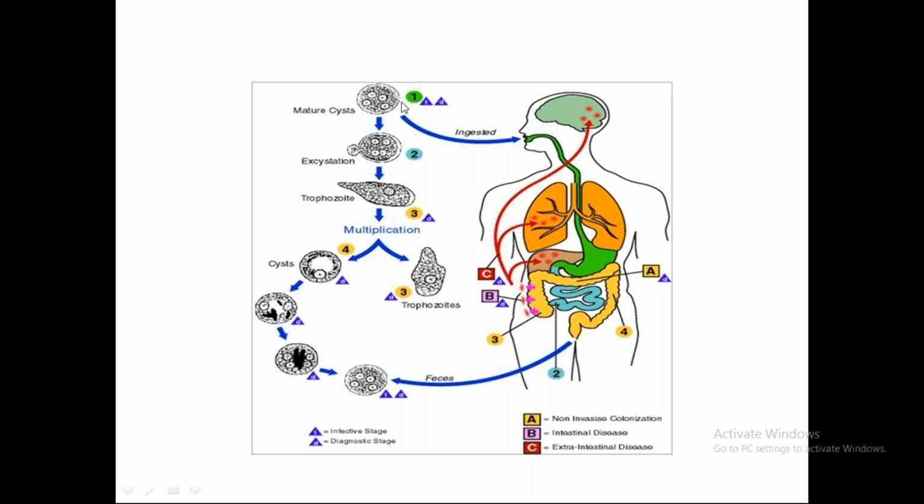If the contaminated feces with this cyst is mixed with the water and if we ingest this water, then this mature cyst goes into the small bowel where excystation occurs, and after this excystation the trophozoite is formed. This trophozoite will remain as a trophozoite or forms the cyst again, and this again comes out through the feces.